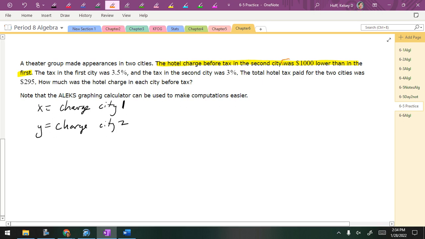Somebody remind me, was is past tense for is. Is in math means equals. So the second city we have set up as which variable? Y equals $1,000 lower than the first. X minus 1,000.